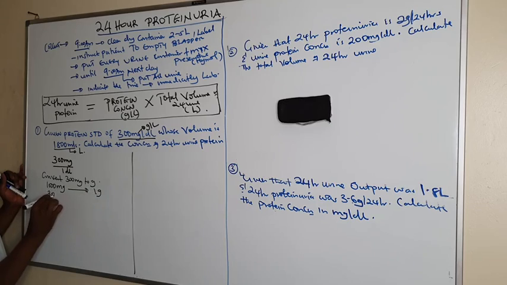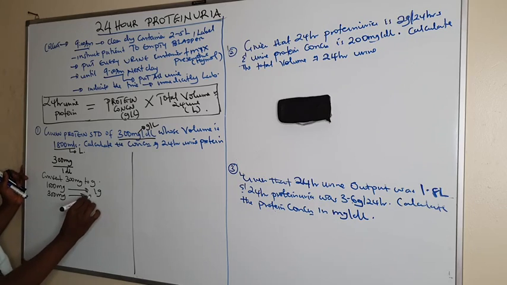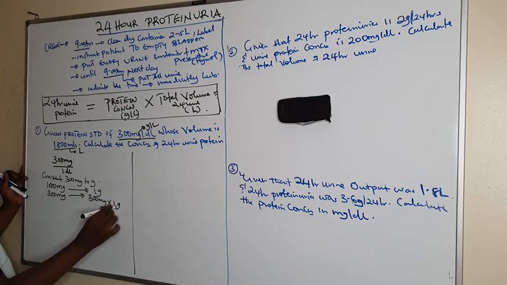What about 300 milligrams? We cross multiply and we get 300 milligrams times 1 gram divided by 1,000 milligrams.